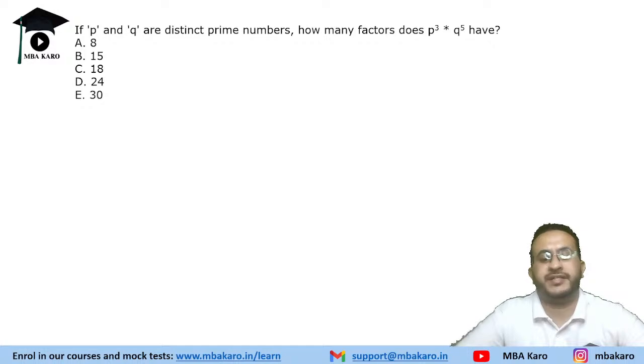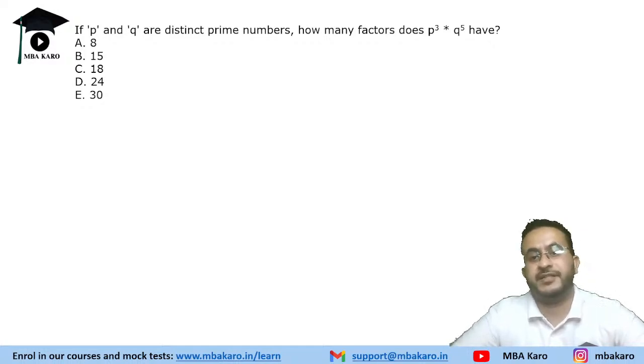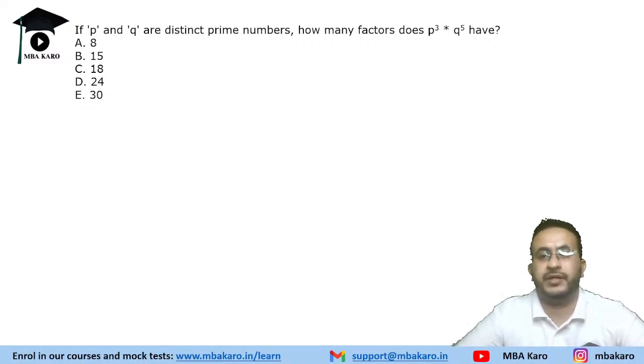If P and Q are distinct prime numbers, how many factors does P to the power 3 into Q to the power 5 have?